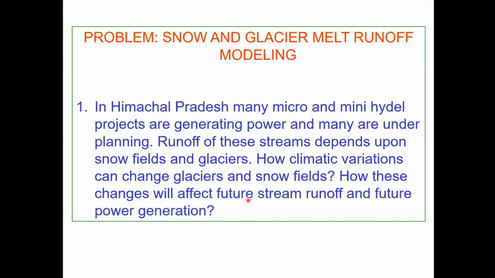And in addition to that, there is another problem. In Himachal Pradesh, many micro and mini hydel projects are generating power, and many are under planning. Runoff of these streams depends upon snowfields and glaciers. How can climatic variations change the glaciers and snowfields, and how will these changes affect future stream runoff and future power generation?